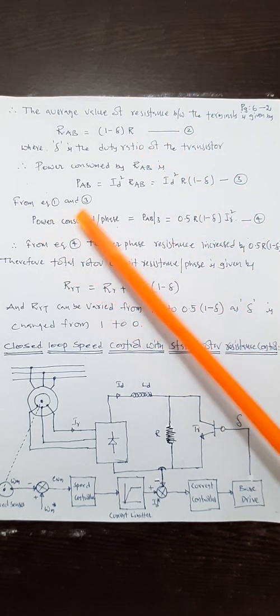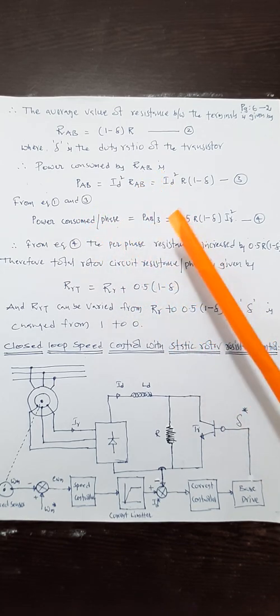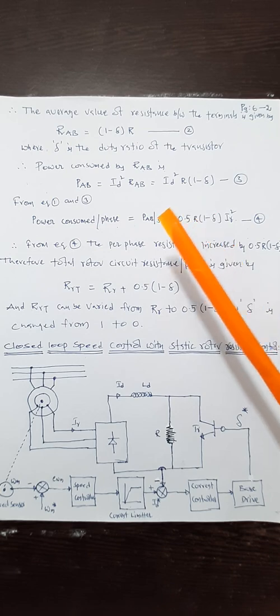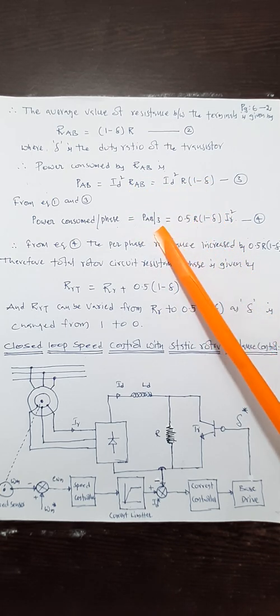So from equations 1 and 3, the power consumed per phase is PAB by 3. PAB already has a value, divided by 3.